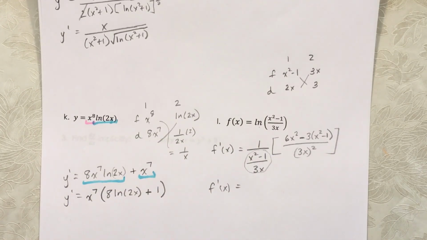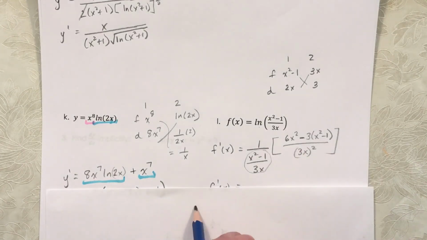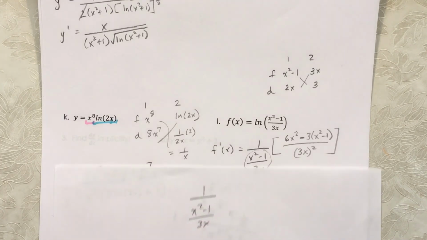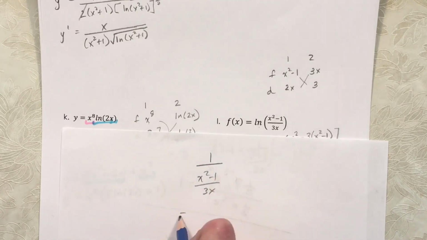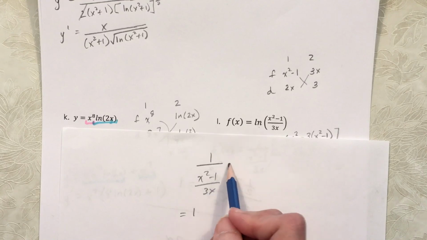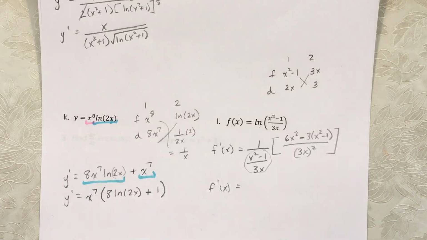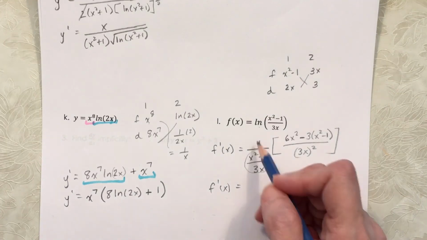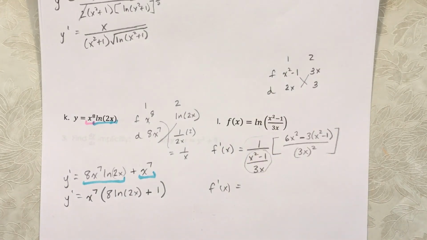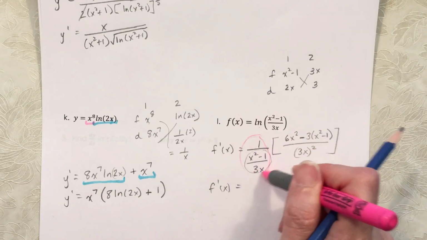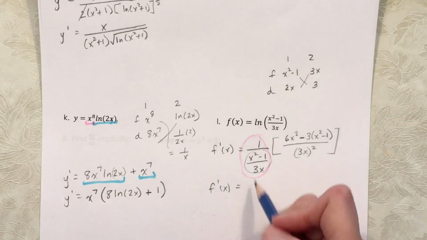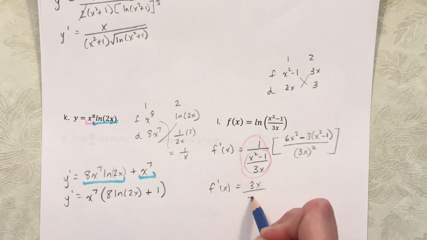So when you have 1 divided by a fraction, remember, dividing by a fraction is the same as multiplying by the reciprocal. So 1 over x squared minus 1 all over 3x is the same as 3x over x squared minus 1. So I'm going to rewrite this part here as 3x over x squared minus 1.